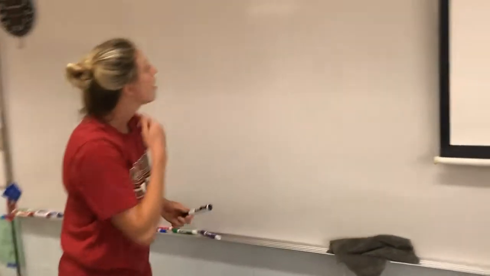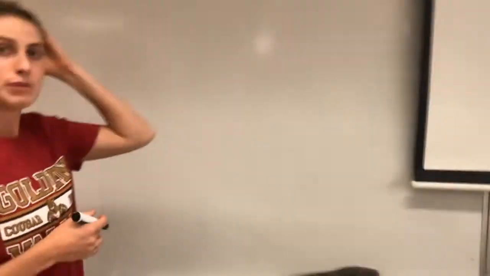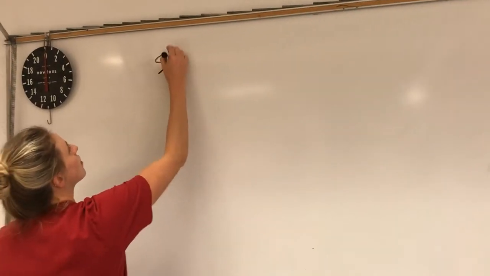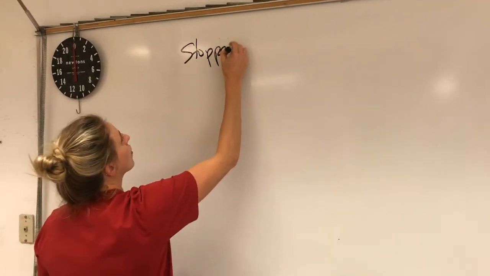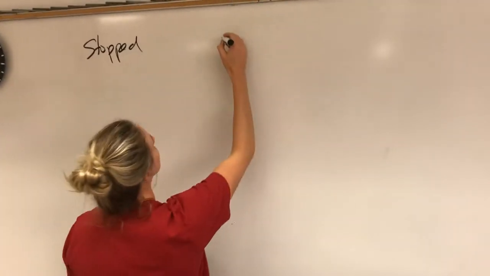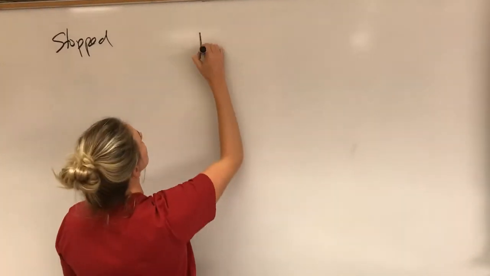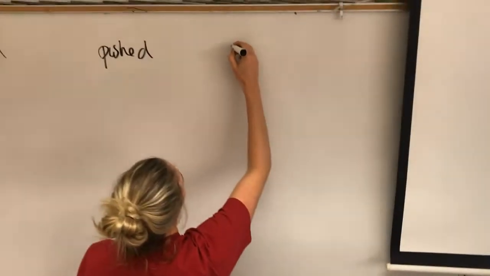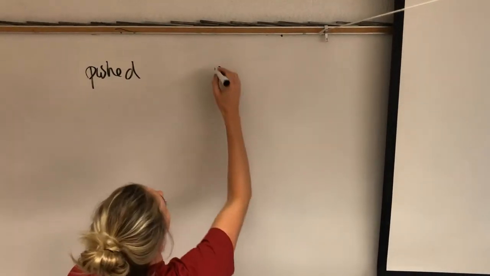We are just going to use a dot to represent the cart. I'm going to go ahead and draw some free body diagrams to represent our cart on the table as it was stopped, as we pushed it, and then while it was in motion, coasting.